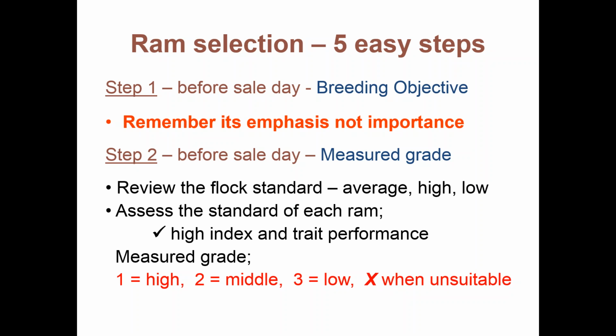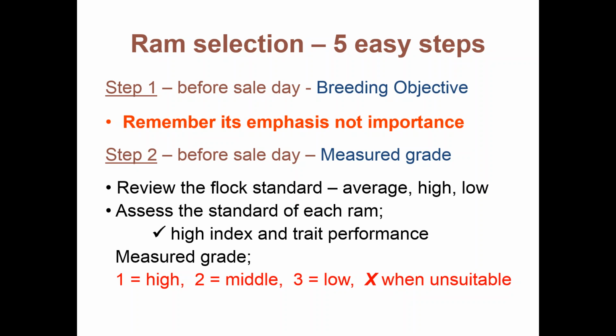So whether you use numbers like I've suggested here, or 3 ticks or 2 ticks, 1 tick, whatever your system is, you need to have a way of differentiating between the different rams.